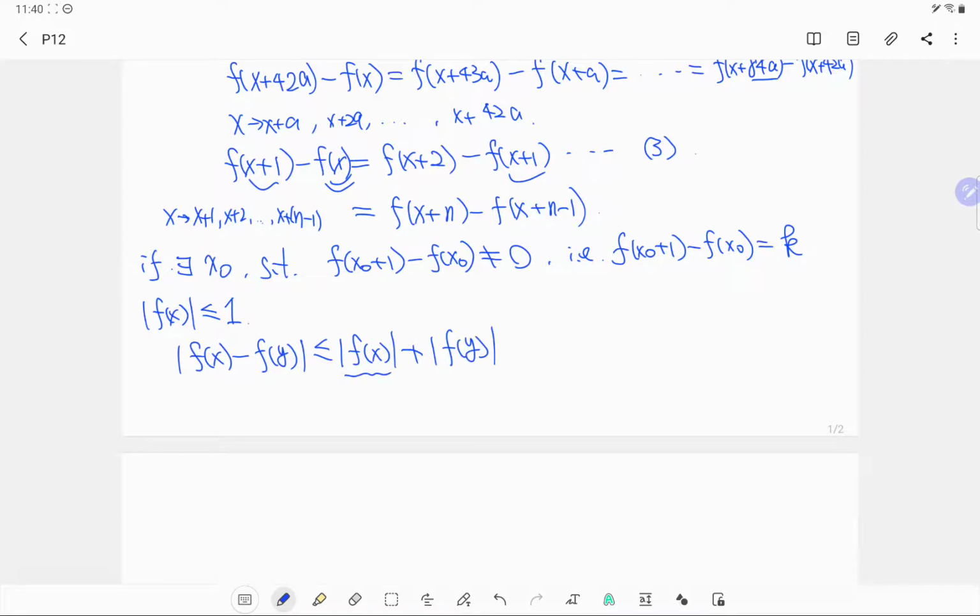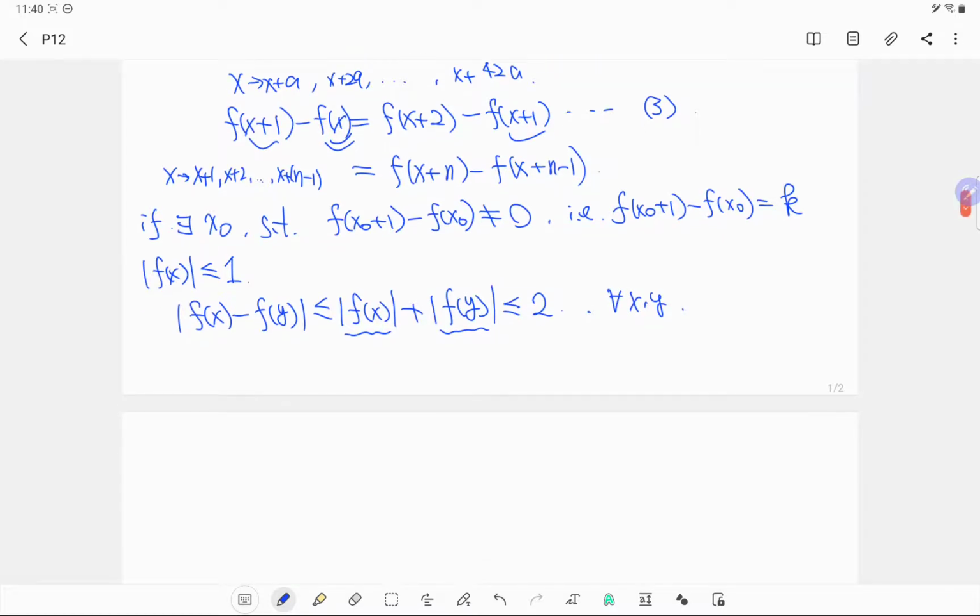And this is smaller or equal to 1, this is smaller or equal to 1, so it is smaller or equal to 2 for all x, y, like this.